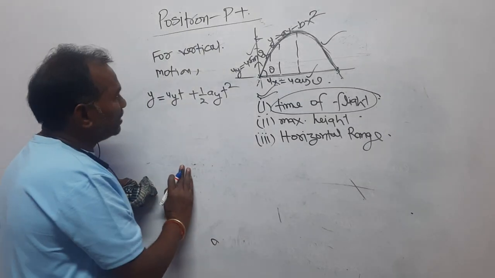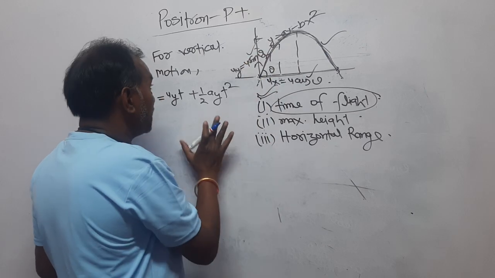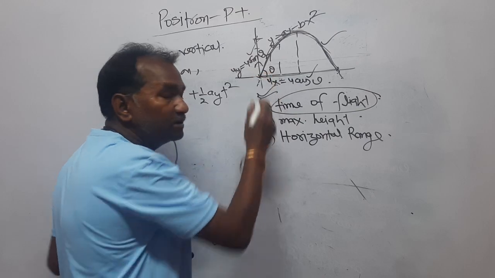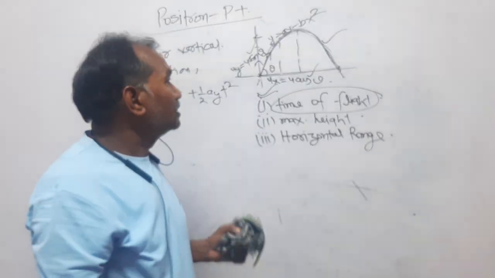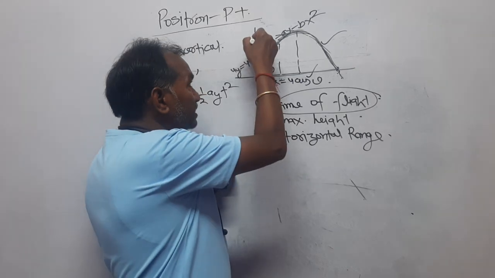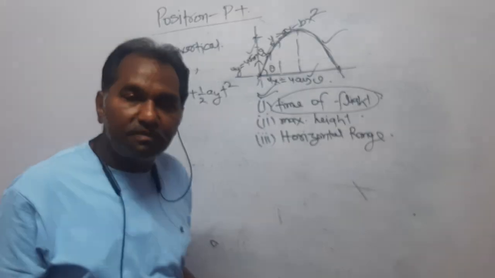Dear student, now look here. The body goes from here, and I'm considering only vertical motion. The body goes from here and comes back to here. What is the time of flight? In the case of vertical motion, the body goes from here and comes back to here, so y becomes 0. Displacement is 0.